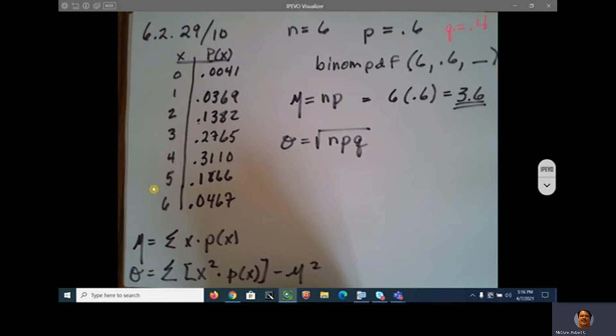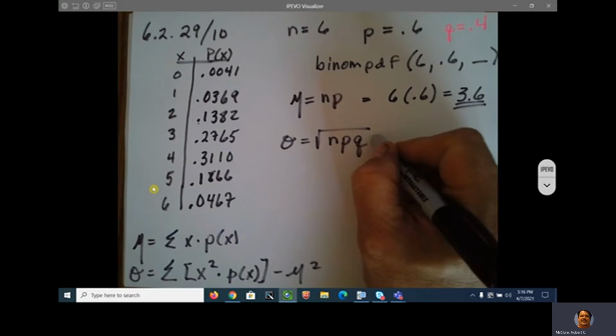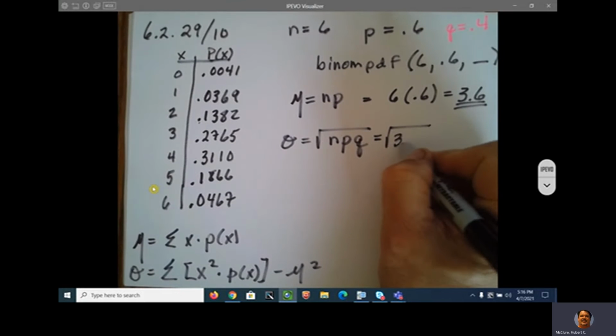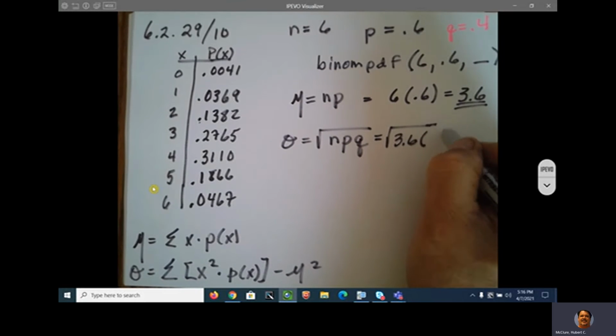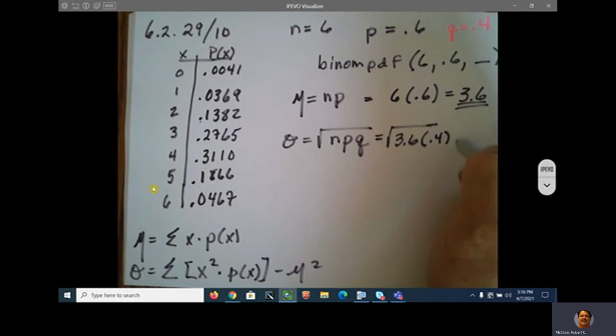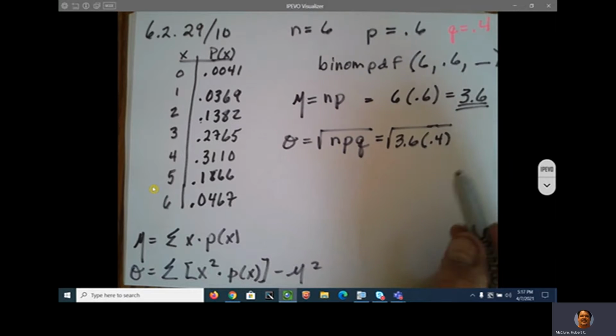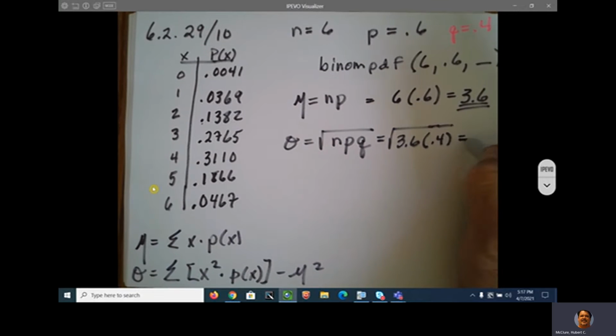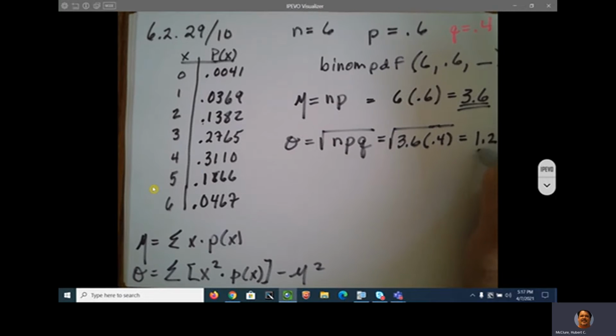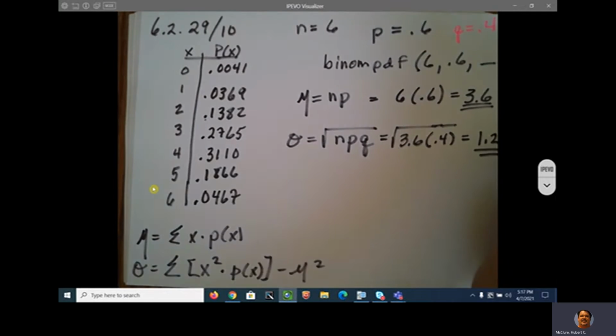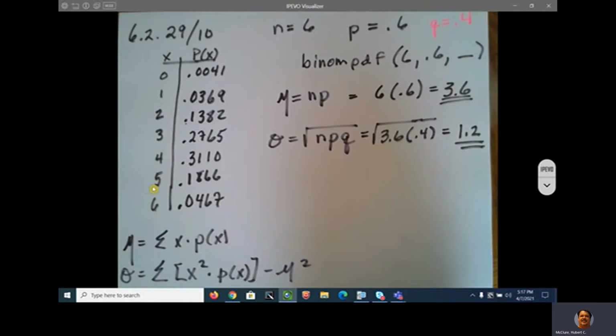Okay, and the standard deviation is the square root of 3.6 times 0.4. The 10% of 3.6 is 0.36, times 4 is 1.44, and the square root is 1.2. Y'all check my math there, but I think that's going to be 1.2 when you finish.